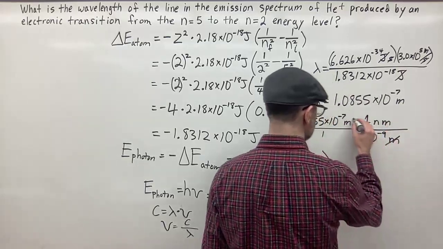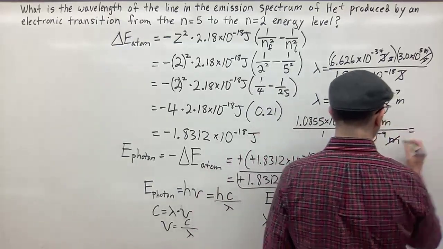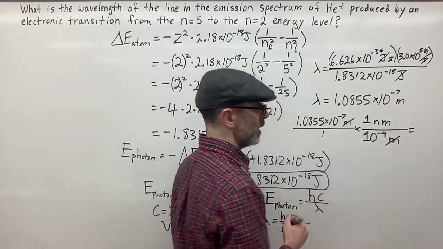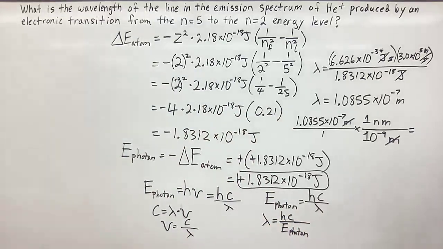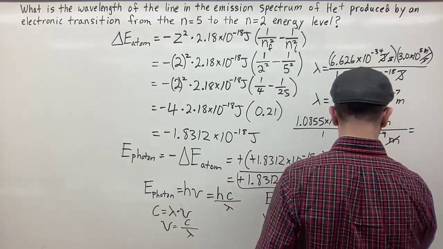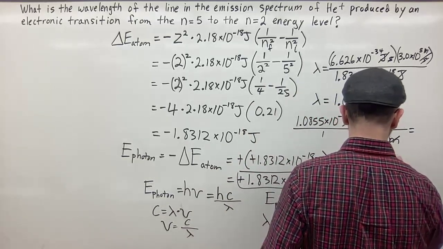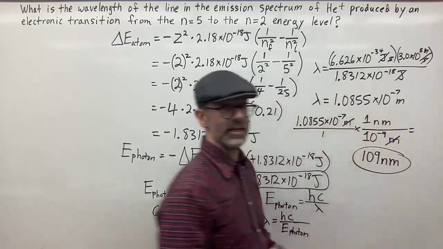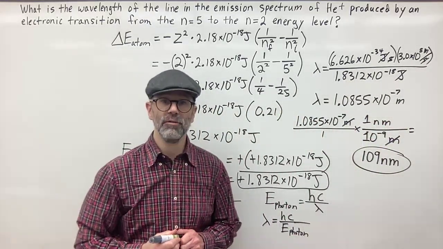So meters cancels out. So now I'm going to divide this by 1 billion. And what do I get? I'm going to get 109 nanometers. So that is the wavelength of light.